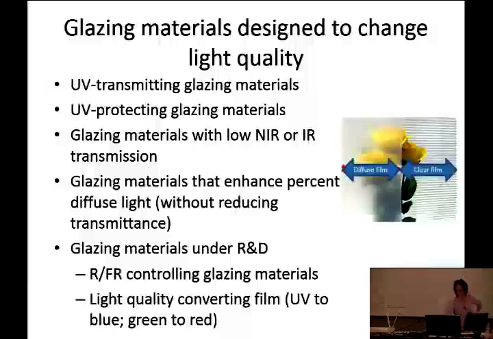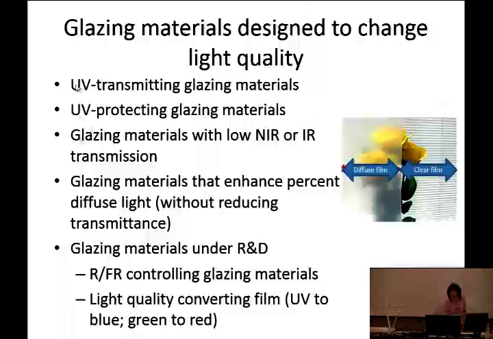So glazing technologies to change light quality have been studied for many years now. But other than changing diffuse and direct radiation, and also cutting a little bit of near infrared, not so much in terms of actual plant response to light quality. But I'm going to go through, okay?